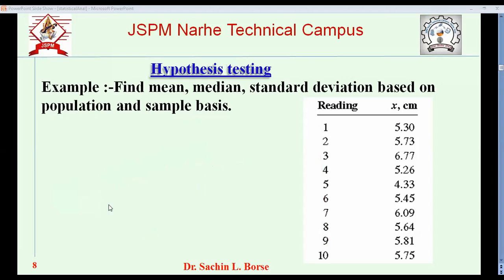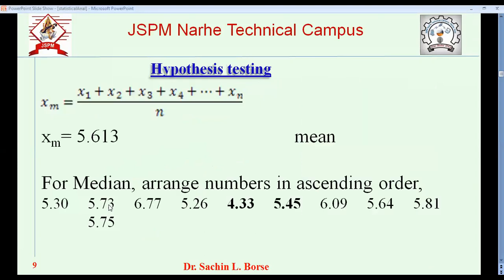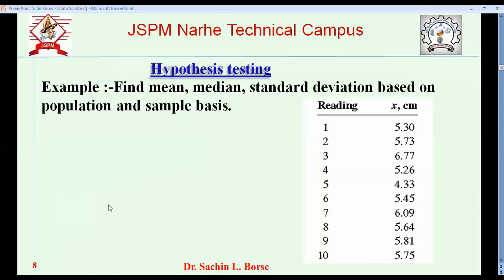Please calculate yourself, because maybe a little difference will be there. 5.61. But you can check that.